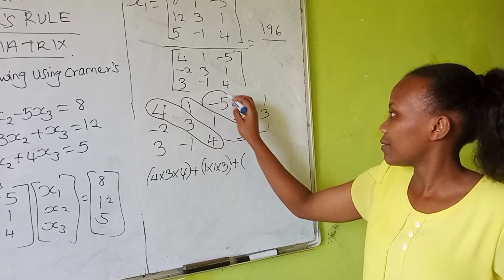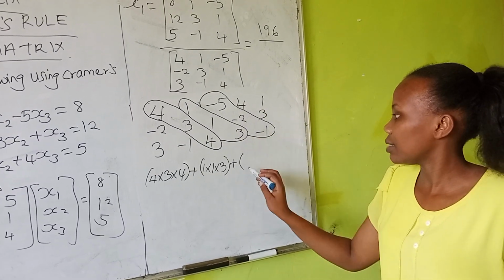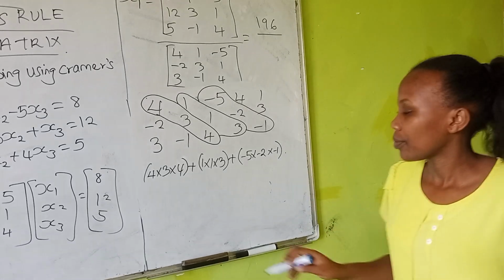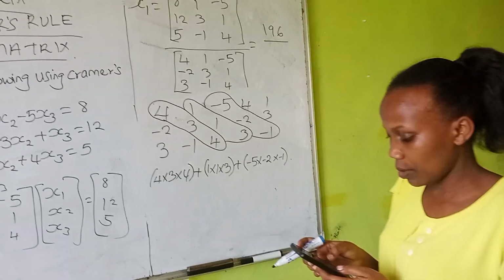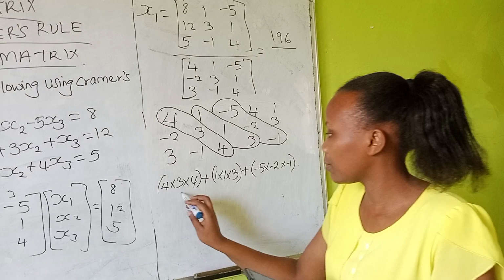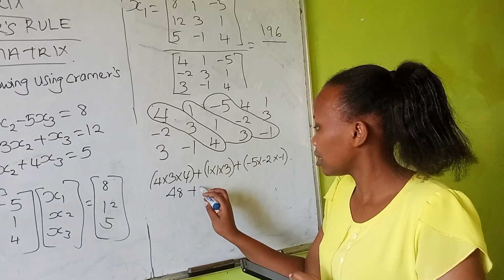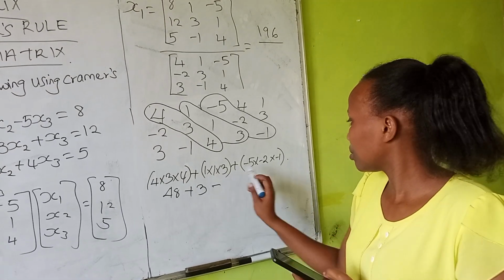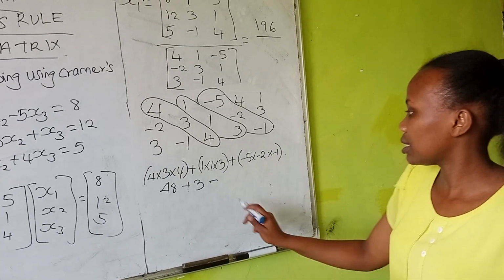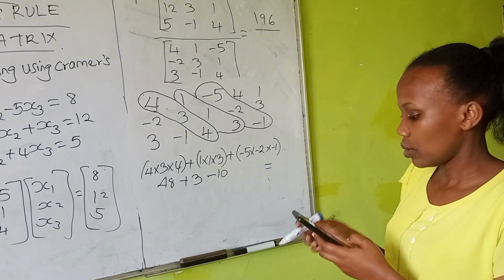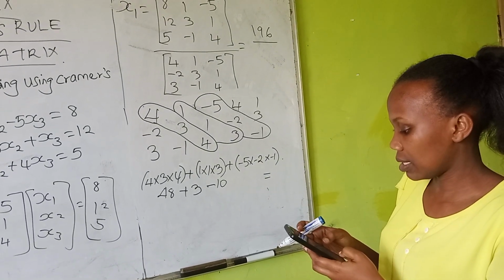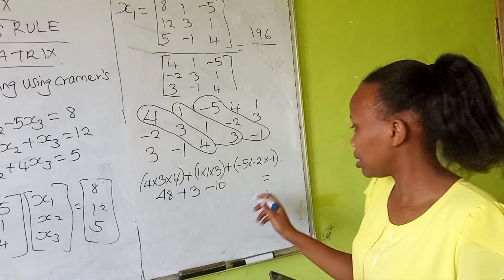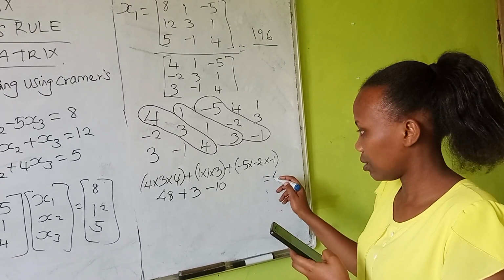Then you add negative 5 times negative 2 times negative 1. So 4 times 3 times 4, that is 48. You add 1 times 1 times 3, that is 3. Then negative 5 times negative 2 times negative 1, that is negative 10. So you are going to get 48 plus 3 minus 10, which is 41.